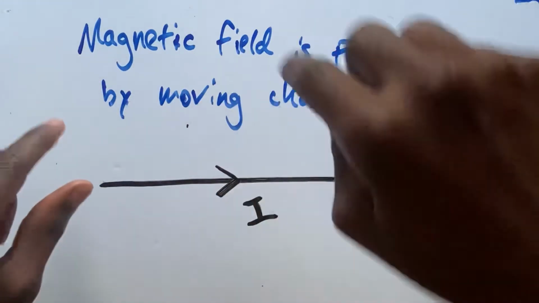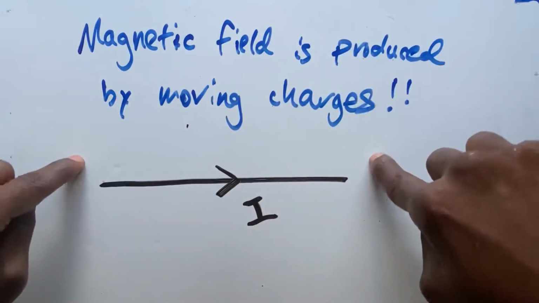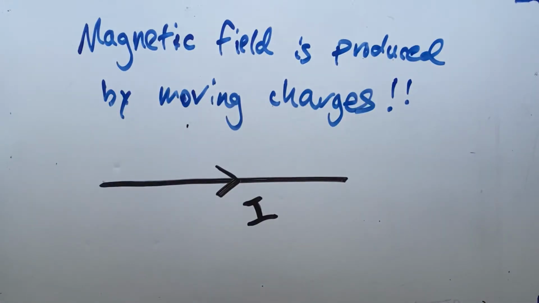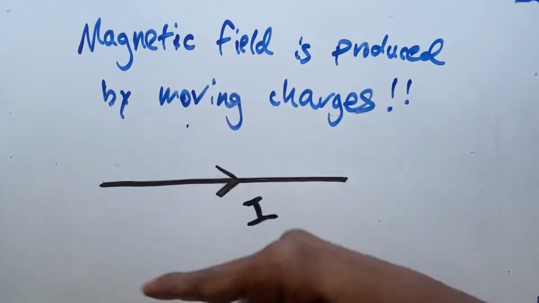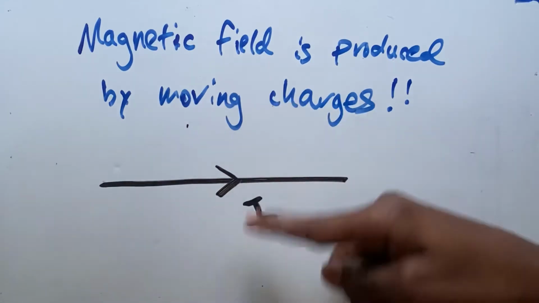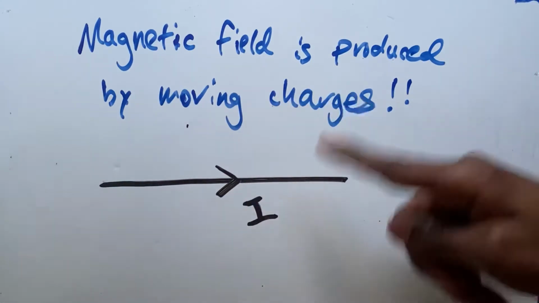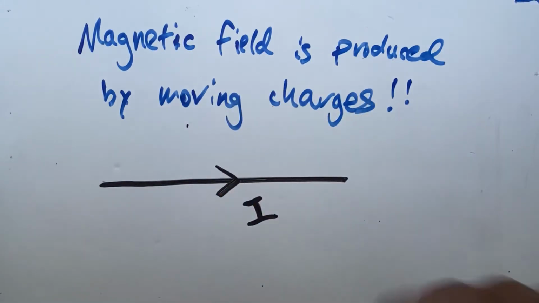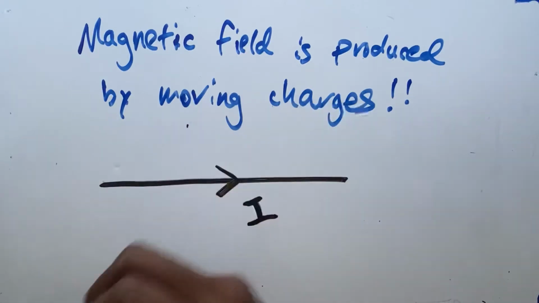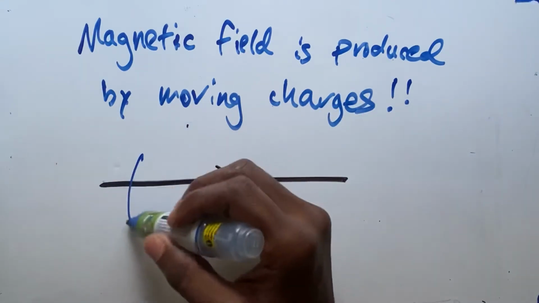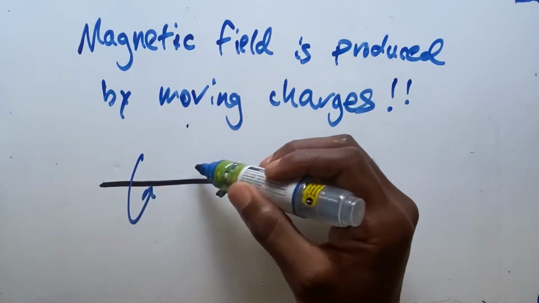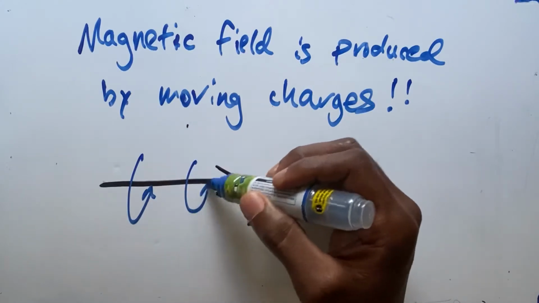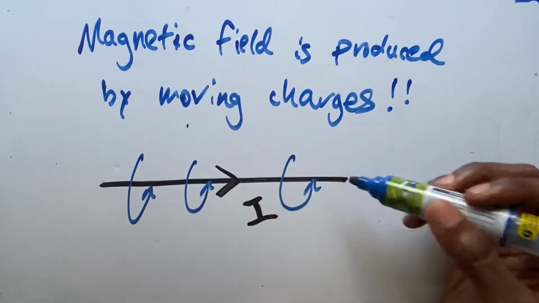And the magnetic field that this wire produces revolves around the wire in a circular fashion, kind of like this, going in this direction. Boom.